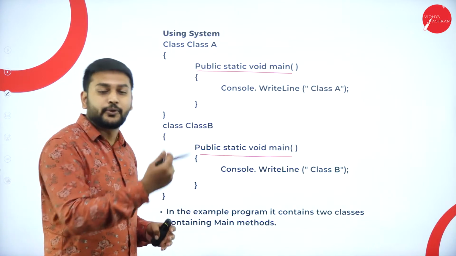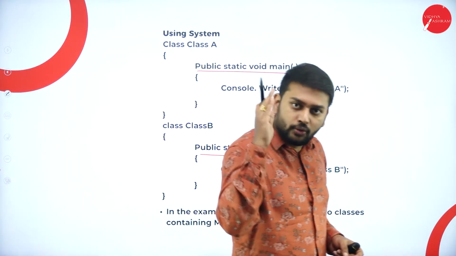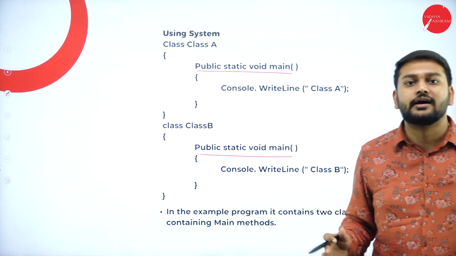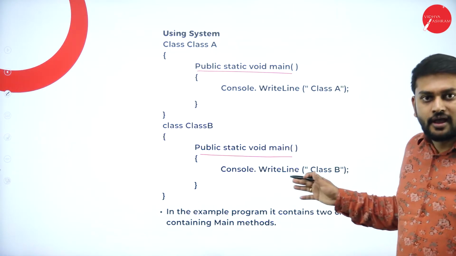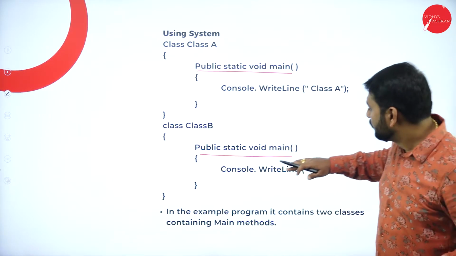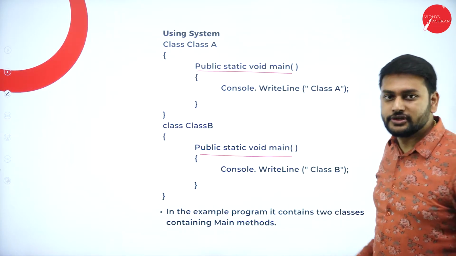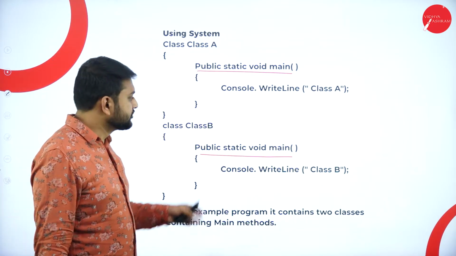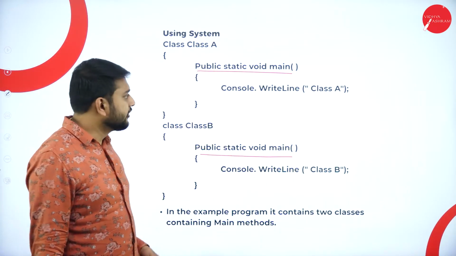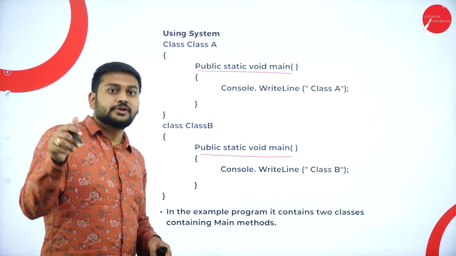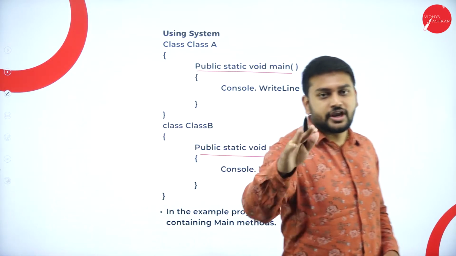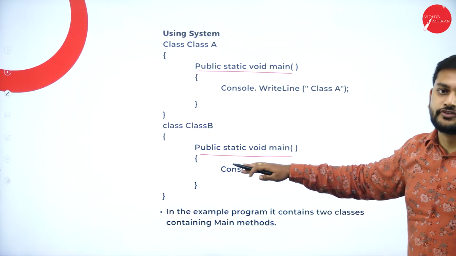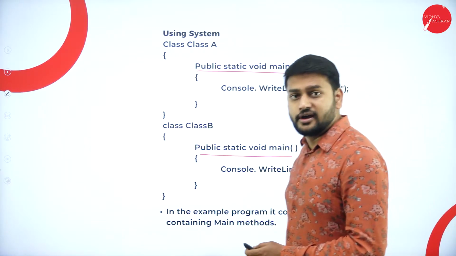But in any other programming language, I will have only one main function for the program, whereas here I can have two main functions in the program. That is one of the special features that you should remember. Just ignore the case, if you find that M should be caps for Main, just ignore. I'm just trying to give you the concept. All right, so hope you understood this concept.